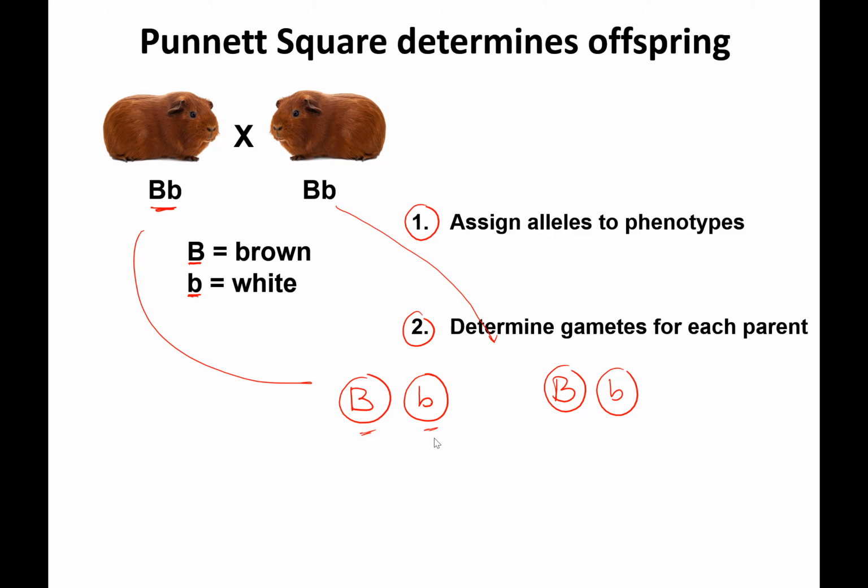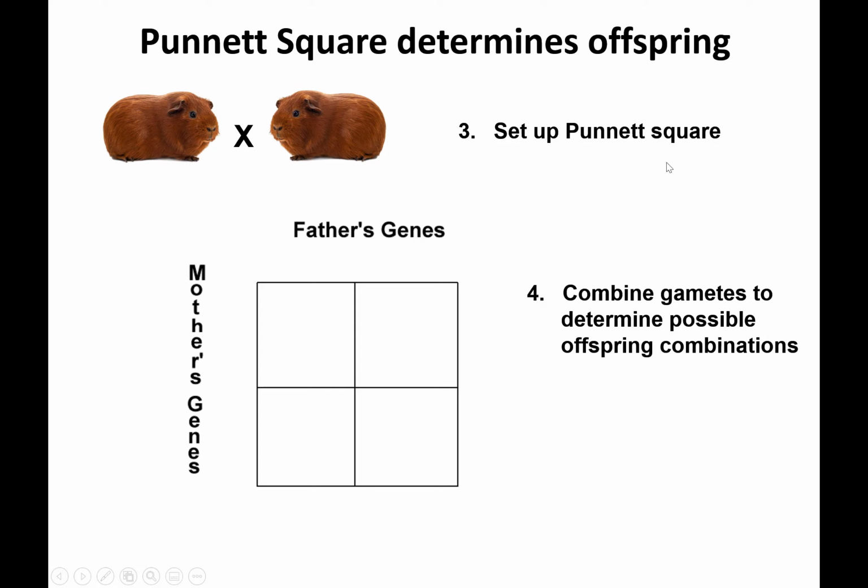Next, what you're going to do is you're going to set up a Punnett square. So you're going to put your dad's genes, and this really should say gametes, right? And mom's gametes, I should have reminded you, they're still these guys.